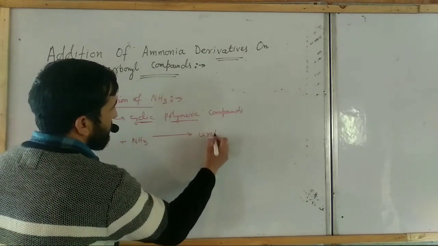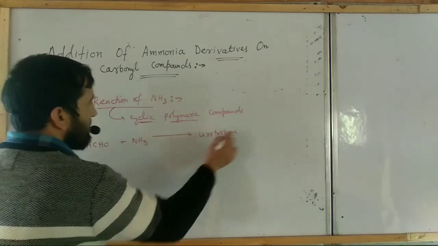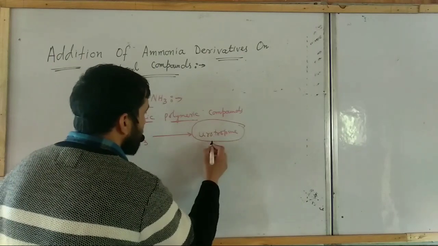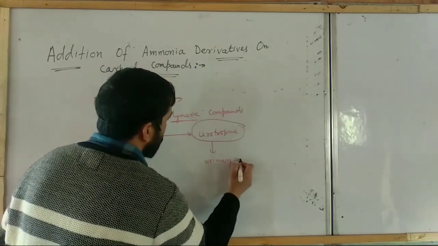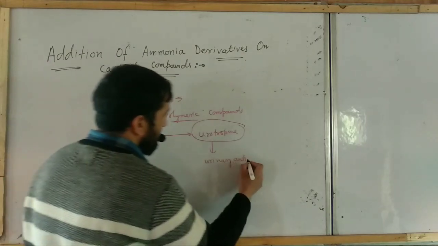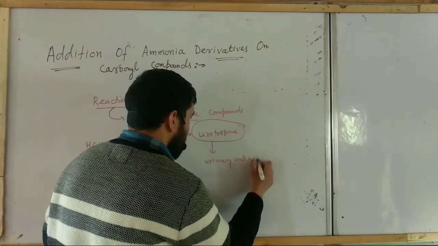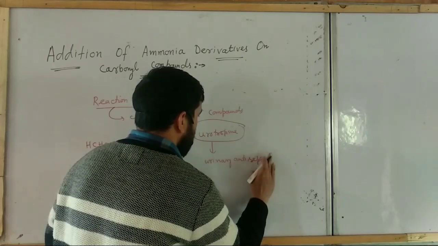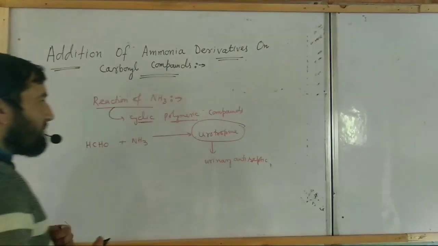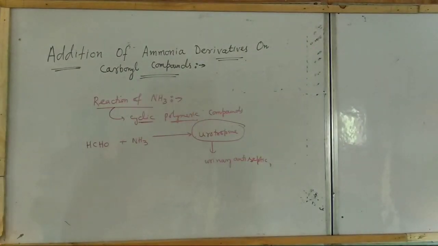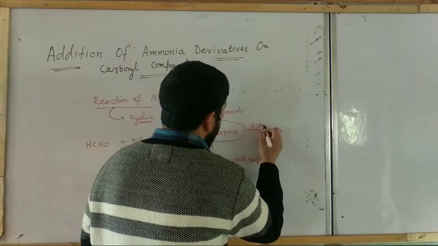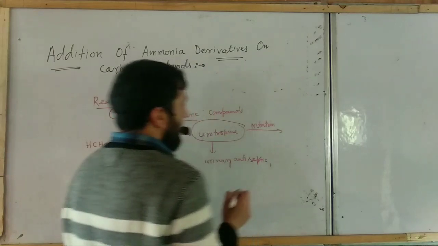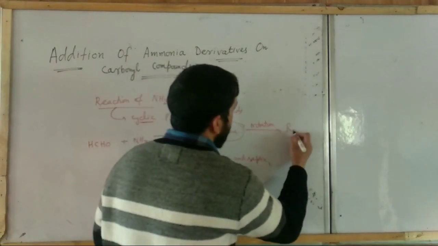Urotropine. This urotropine is a urinary antiseptic that is used to heal urinary infections. And this urotropine, upon controlled nitration, forms a compound that is known as RDX.